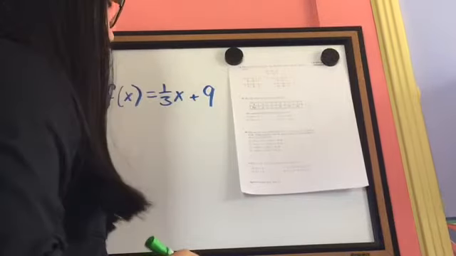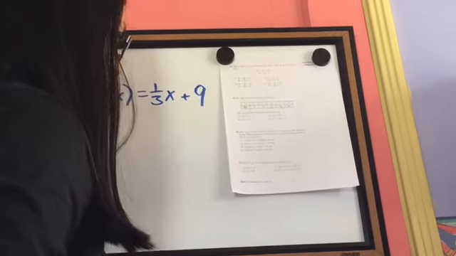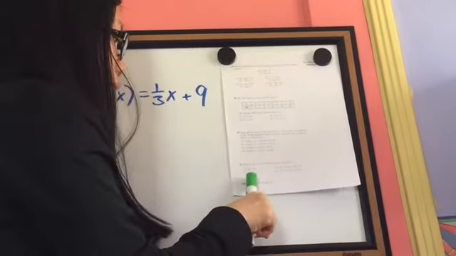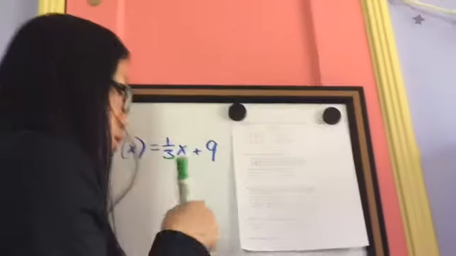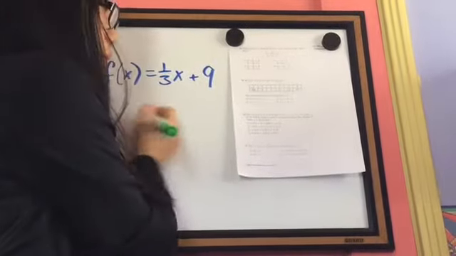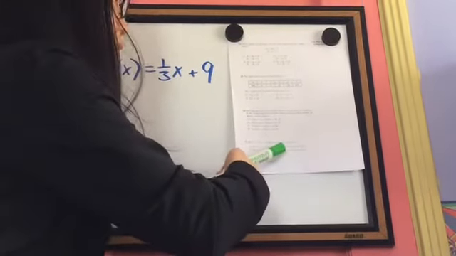Number 17 asks which statement is always true. The first one says that f of x is always going to be below 0, which is wrong because if you plug 1 in, then it's above. Number 2 says it's always going to be greater than 0, which is also wrong, because you can plug in negative numbers and get less than 0. That also explains number 3.